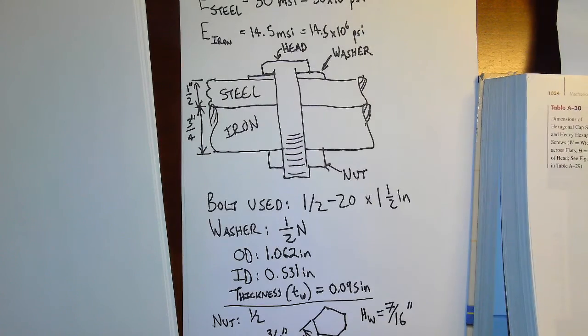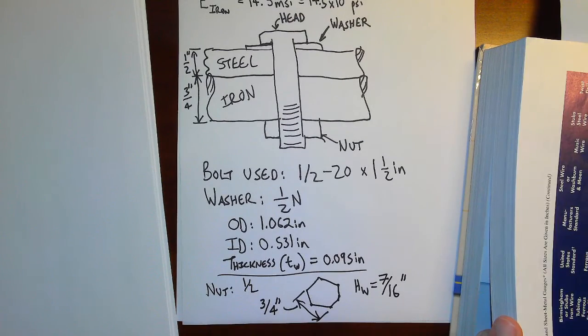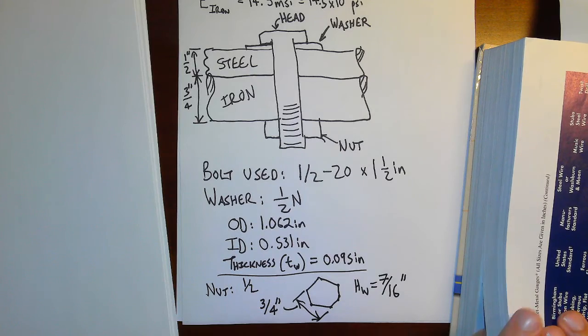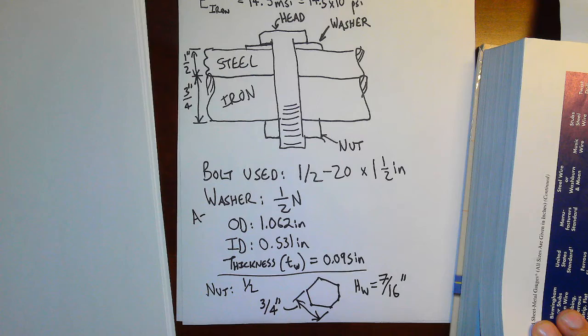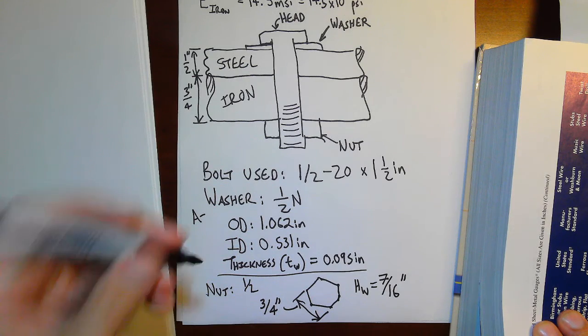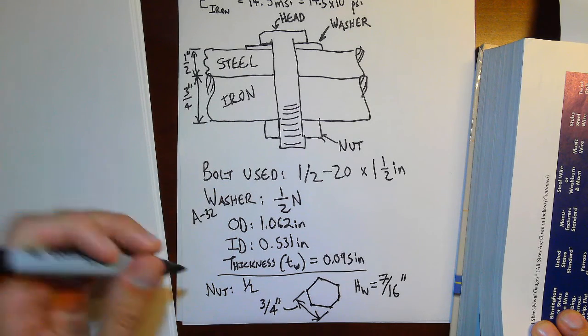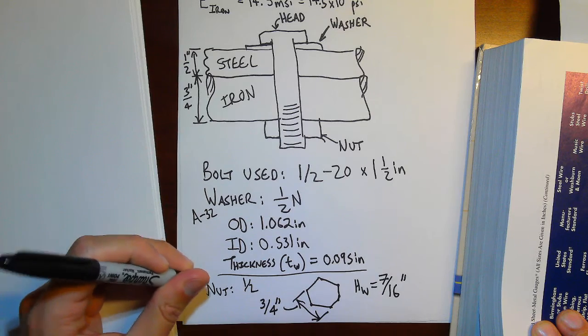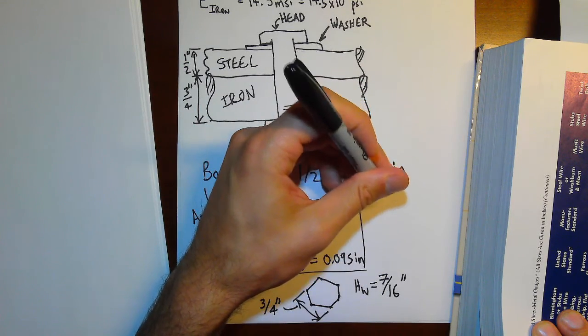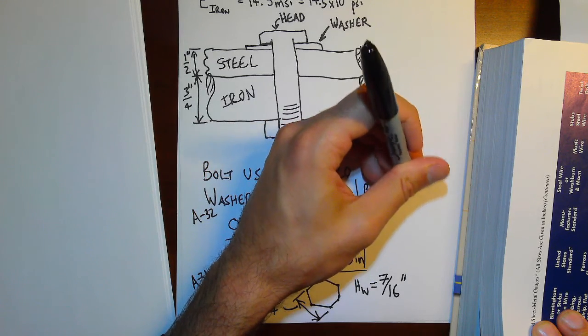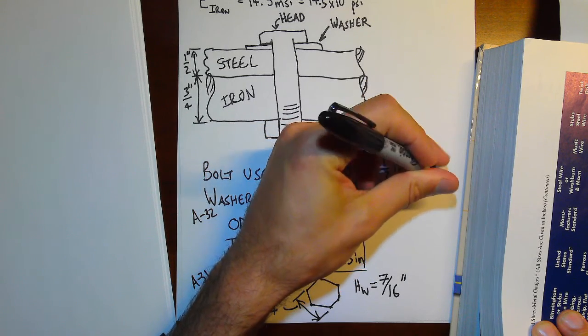Great. Last thing I'm going to want to grab is dimensions of my bolt. So now I'm in table A29. The washer was A32. Nut was an A31. Bolt dimensions A29.